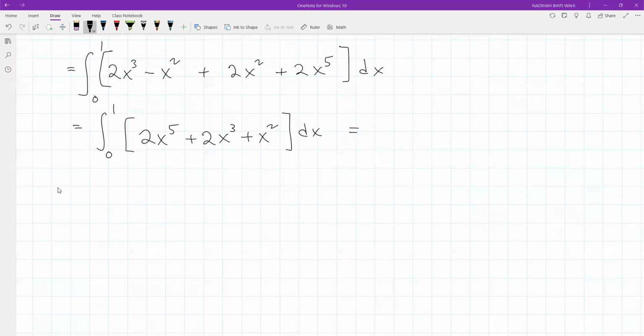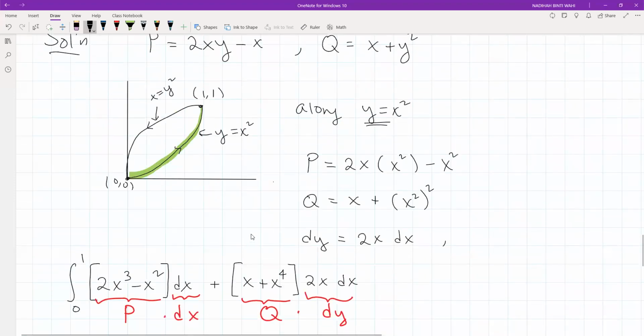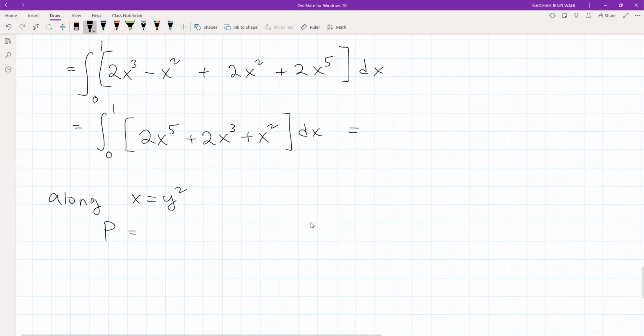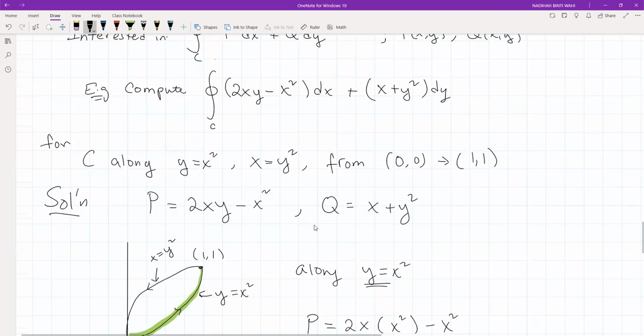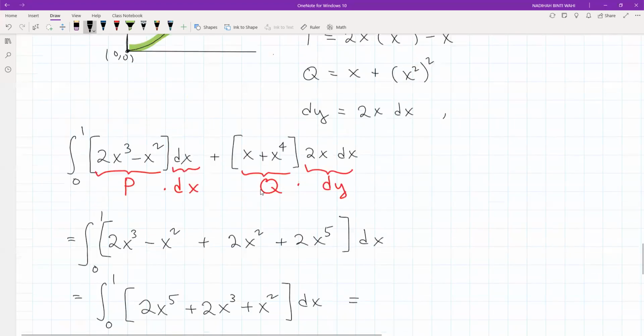You can go from that one, which is along y equals to x squared, then you can do another one along x equals to y squared. So in this case you need to define P. P is now 2xy, so it will be 2 y squared times y minus x squared.